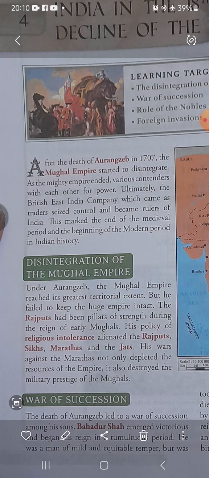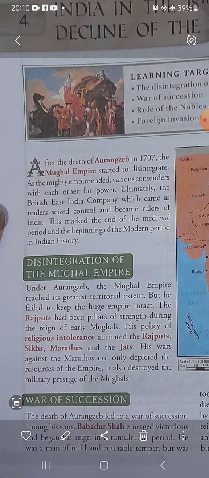Now, since we are dealing with the Mughal Empire, we should know what led to the disintegration of the Mughal Empire. Under Aurangzeb, the Mughal Empire reached its greatest territorial extent. That means it extended through the country of India for quite some time, and it became a huge empire. But they failed to keep up to the expectations, and hence they declined.